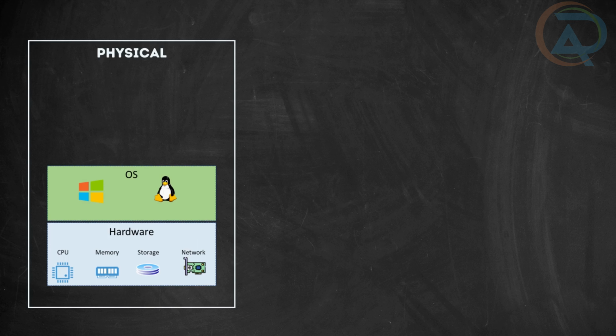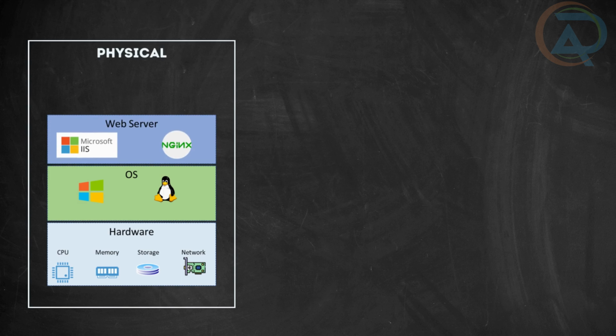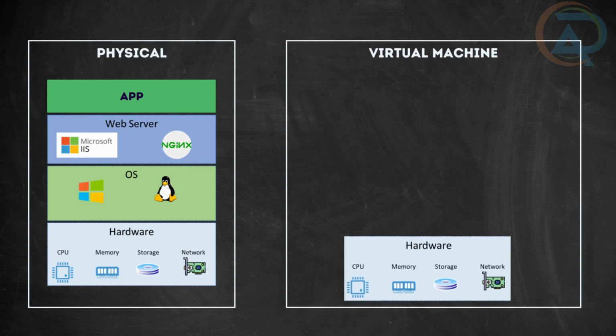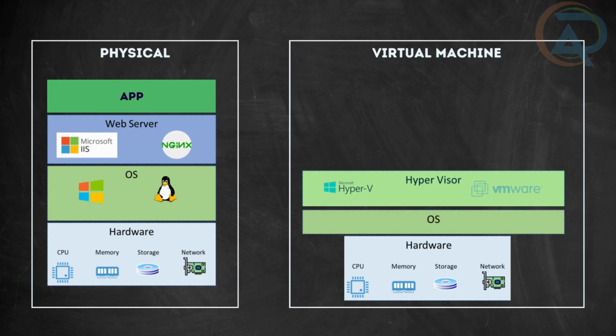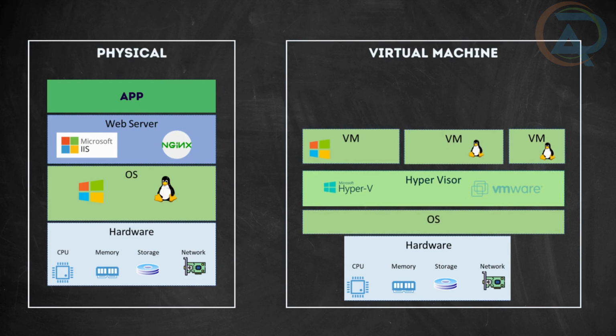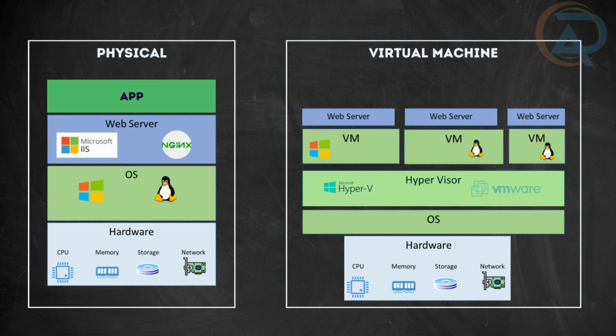With this approach, a physical server can only run one operating system and a limited set of applications. With virtualization, which is also called a hypervisor, it is possible to create multiple virtual machines on top of a single physical machine.